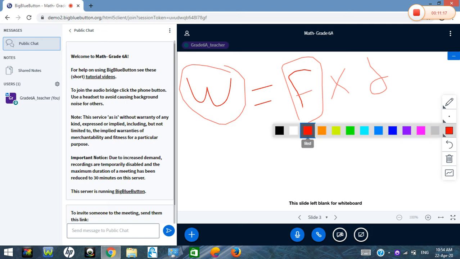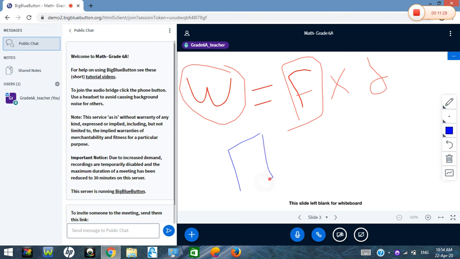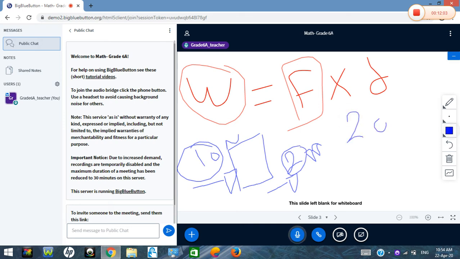For example, we have a locker and you push the locker with 10 Newton, your force, and the locker moves 2 meters. So you can calculate the work by multiplying 10 with 2 equals 20, and the measuring unit of work is joule. Okay.